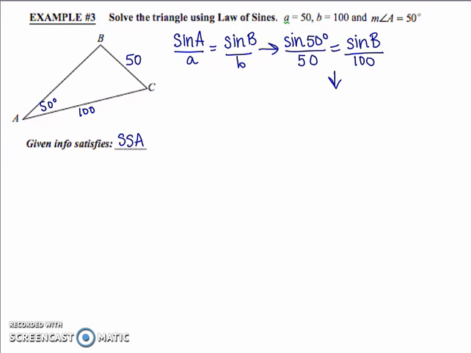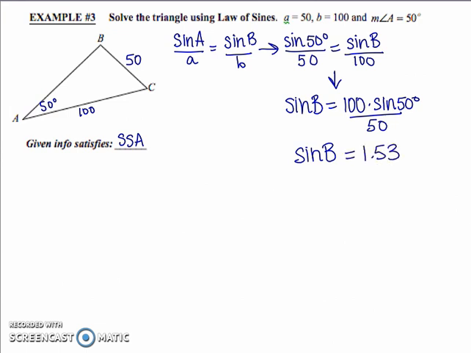And solving for sine B, we're just going to multiply both sides by 100. So sine of B is going to be equal to 100 times sine of 50 degrees divided by 50. We grab our calculator and we find that the sine of angle B is 1.53.